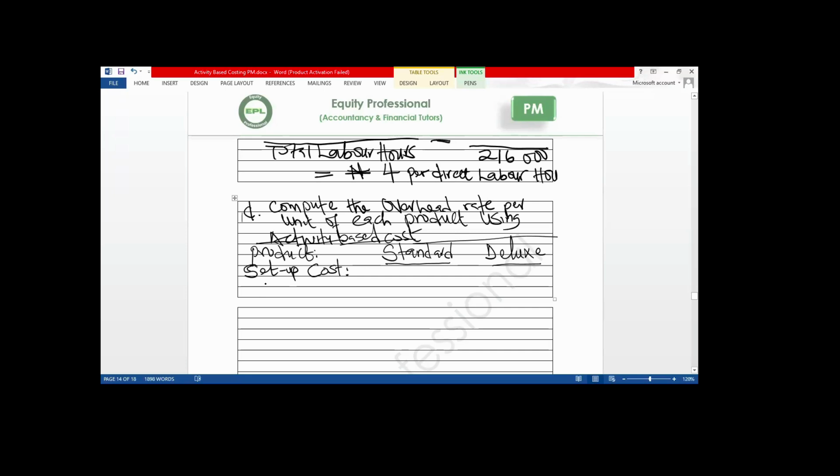Now, please look at this. Examiner says the cost driver rate as calculated in C. We have 400 naira per setup. I will now come here. The product, standard. How many setups do we have for standard?